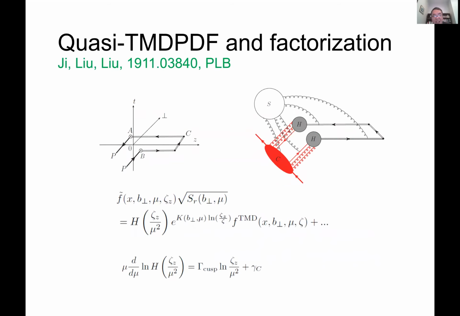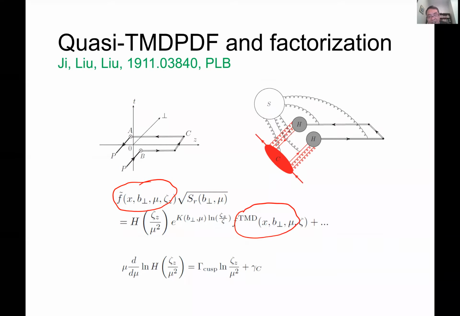Now, the critical result of all these studies is a factorization formula, something you can calculate on the lattice. These are the so-called quasi-beam functions, and you calculate them on the lattice, and then you can match onto the experimental TMD distributions.